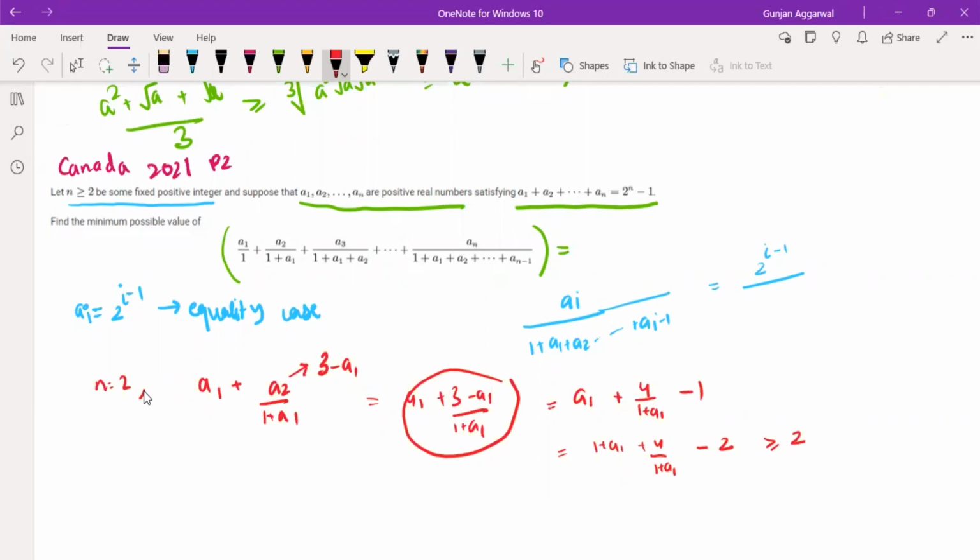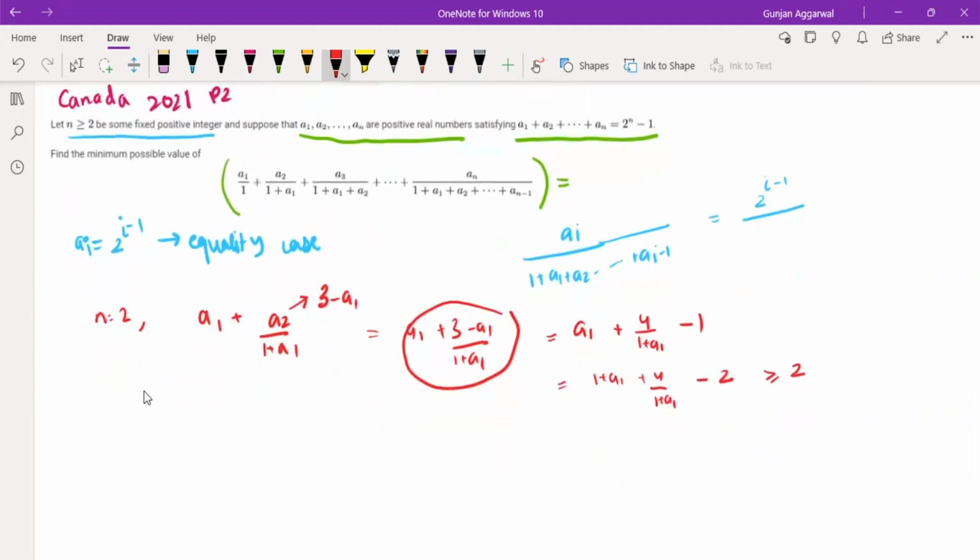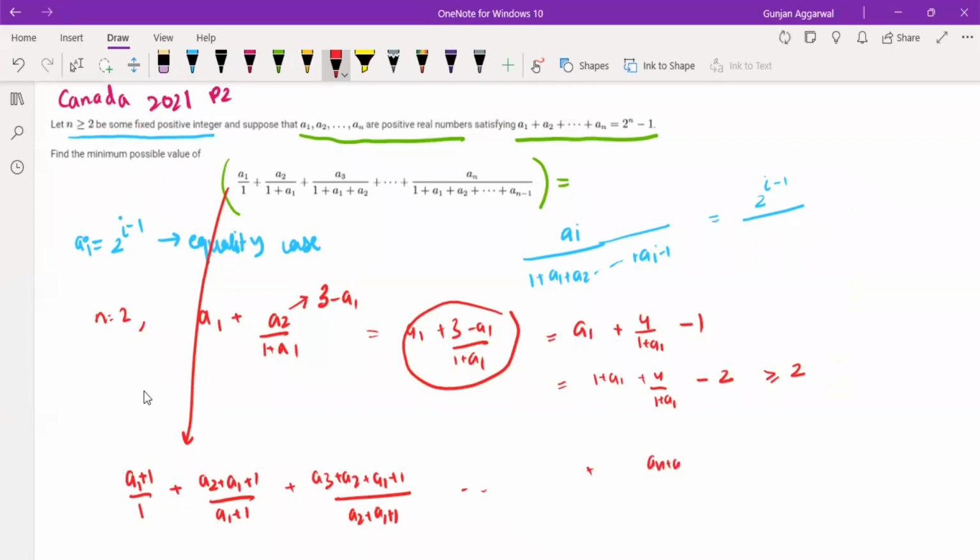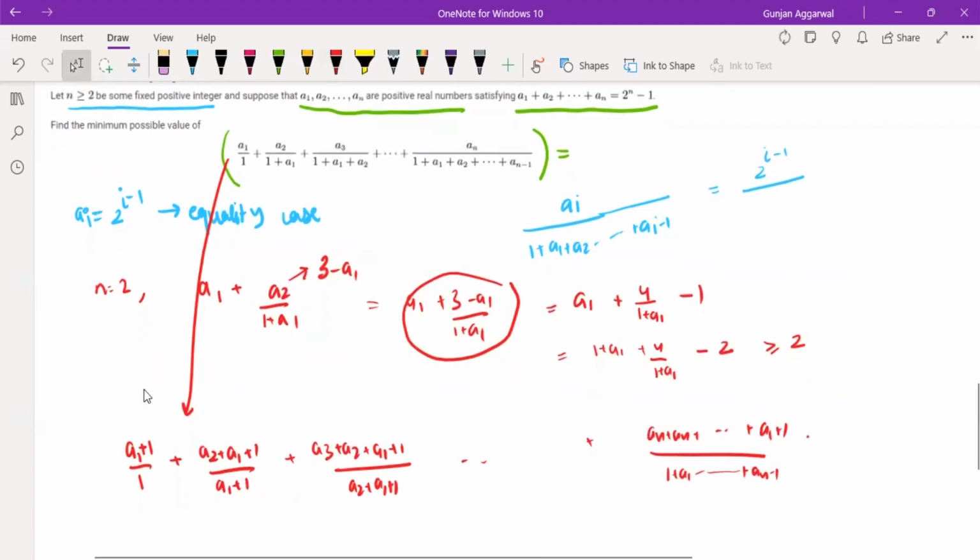Also, we could add 1 to each of the terms and subtract n from it. It becomes a1 plus 1 over 1 plus a1, plus a2 plus a1 plus 1 over 1 plus a1 plus a2, and so on, minus n.